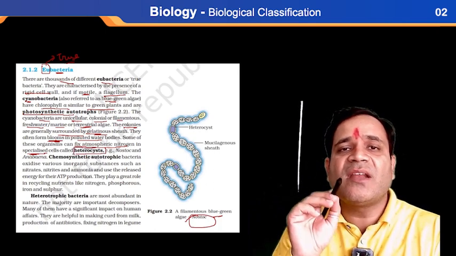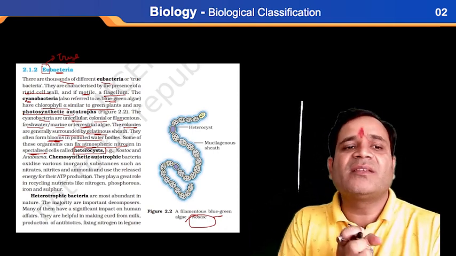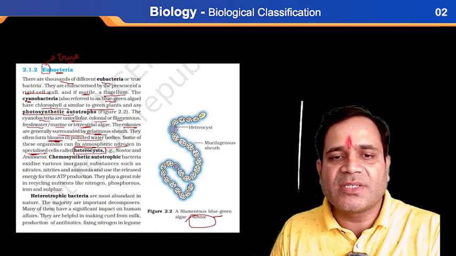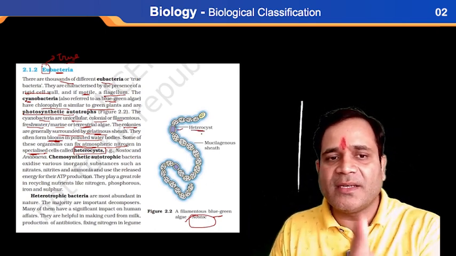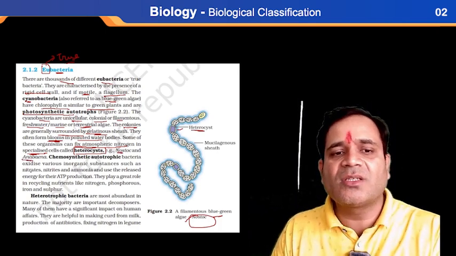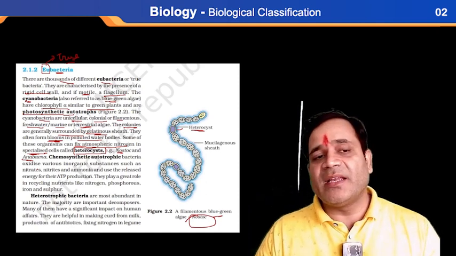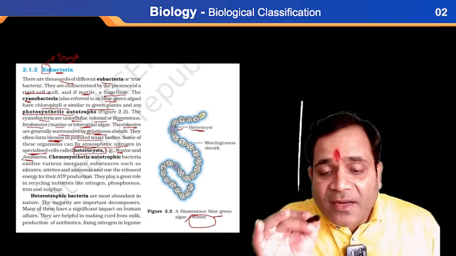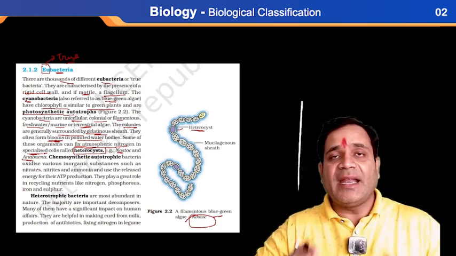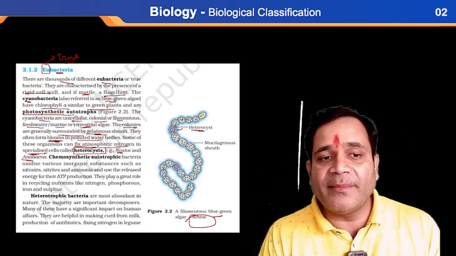See in the diagram, this is also given in NCERT. Heterocyst. Examples are Nostoc and Anabaena, which fix atmospheric nitrogen in specialized cells, the heterocysts. The example is also very important to know, that is Nostoc and Anabaena, my dear.